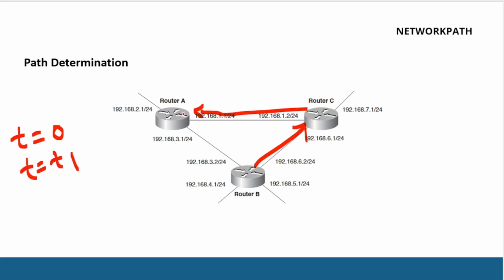Now router A will tell router B that I have found a route to 4.0/24 and it is 2 hops away from me. And see what the confusion here is: router B knows that 4.0/24 is directly connected to it, and now router A is telling it that 4.0/24 is 2 hops away. This is a great confusion, right?